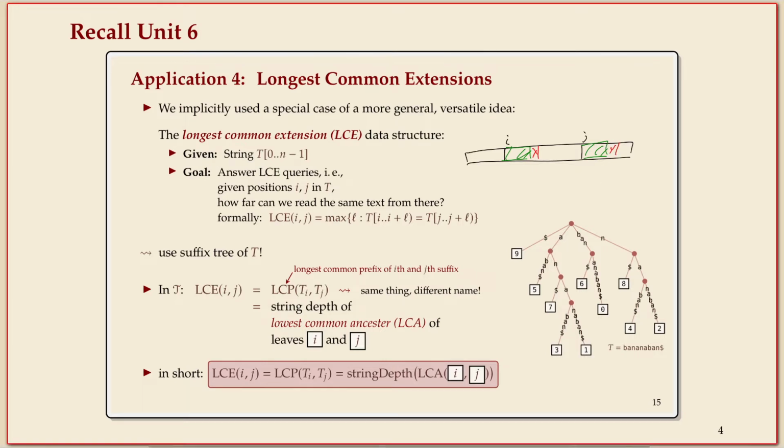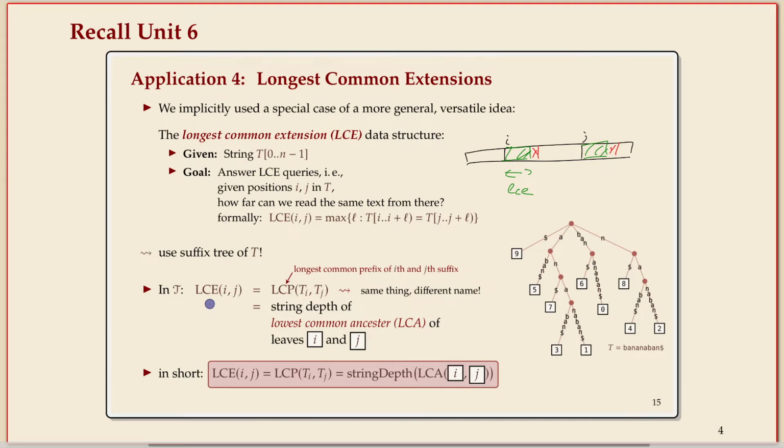And so the length of this thing, that was the longest common extension. And we've seen that you can use this in the kangaroo algorithm and in other algorithms to speed up certain string problems.